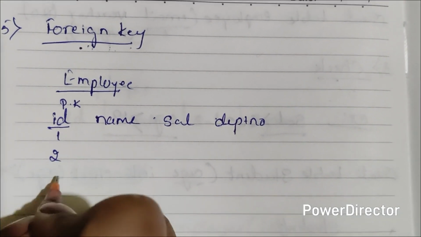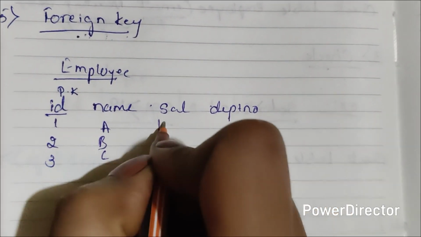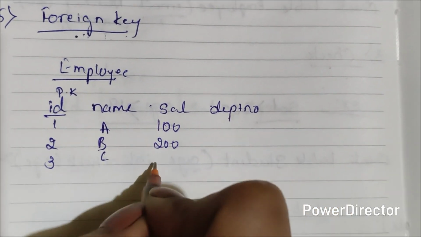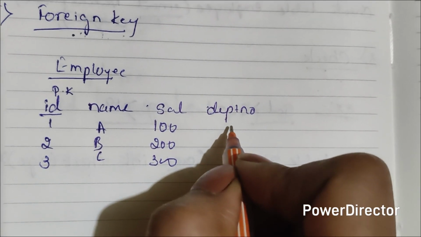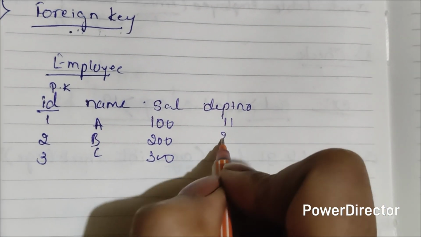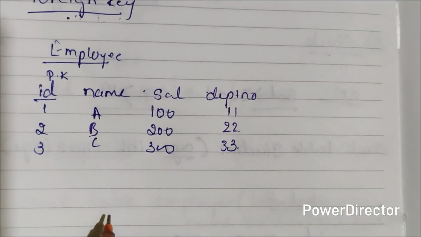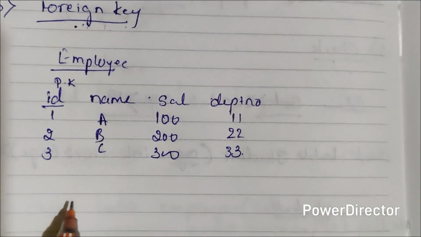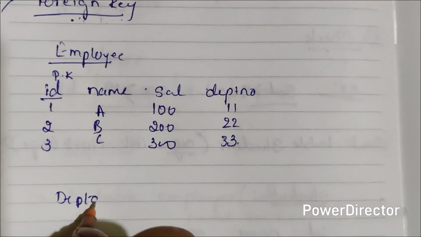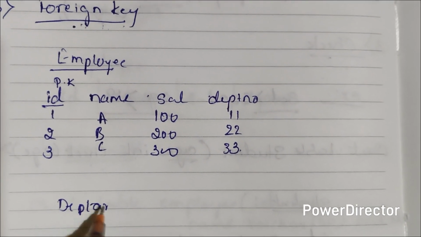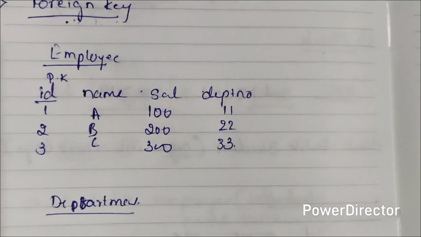Okay, so 1, 2, 3, name is A, B, C, just an example. Salary 100, 200, 300, and department number is 11, 22, 33. So this is just an example. Now I will create one more table, that is the department table.